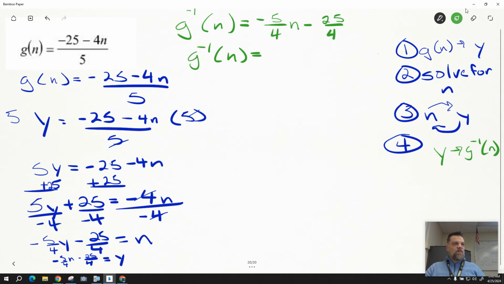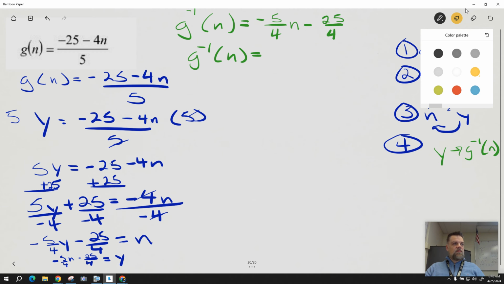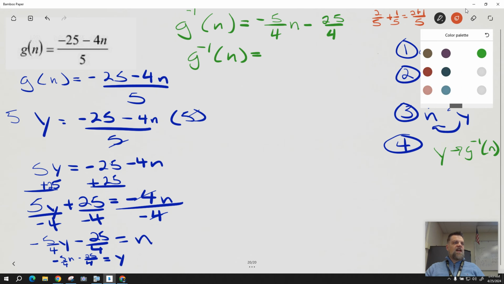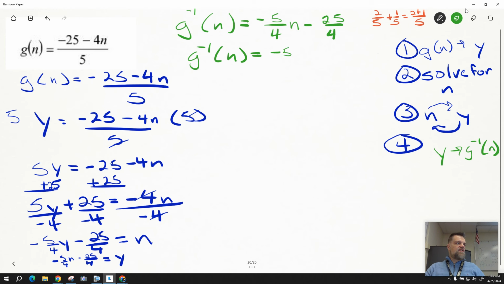In other words, remember this: 2/5 plus 1/5 is the same as 2 plus 1 over 5, right? Which would be 3/5. So that means that this could be written as negative 5n minus 25 all over 4. It's funny to me. Anyways, let's graph this bad boy.